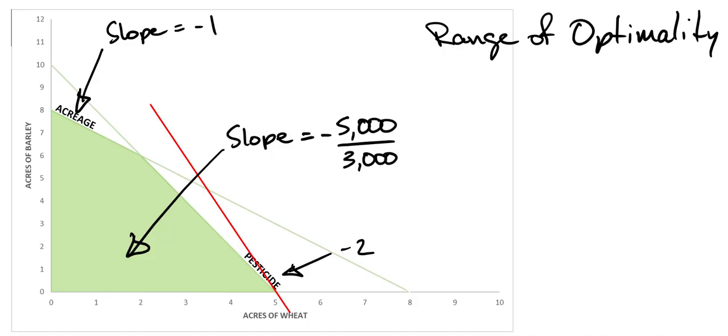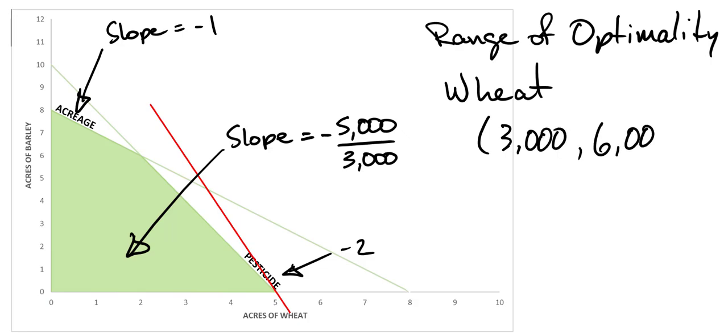So the range of optimality for wheat would be between $3,000 and $6,000. As long as wheat, and remember I can only change one thing at a time here, as long as the price doesn't drop below $3,000 or go above $6,000, I will still continue to plant 2 acres of wheat and 6 acres of barley.